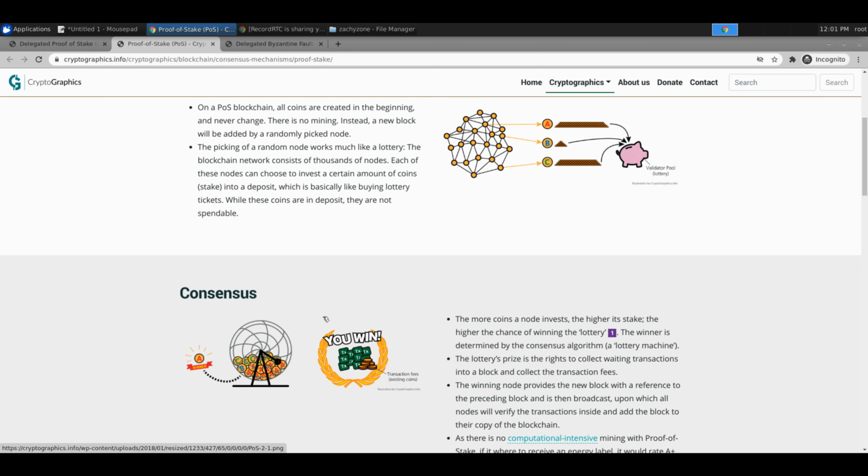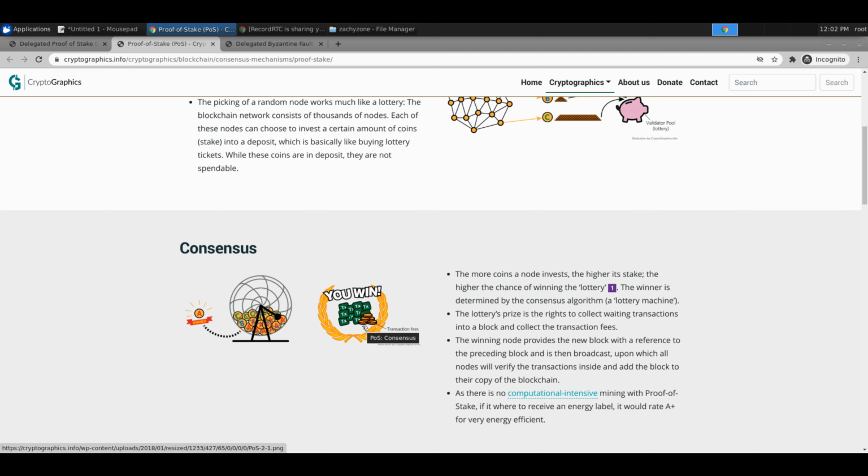They put them in, it's like a lottery system, and then they pick one, and if it's yours, you got that block. That's the very basics. Obviously, every cryptocurrency changes some things about that, but that's the very basics of it.